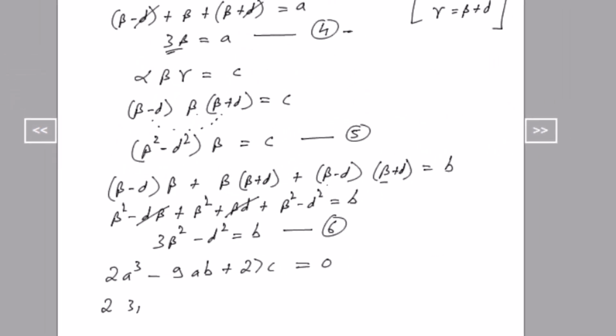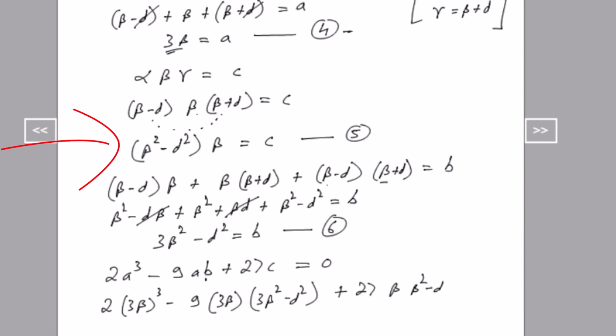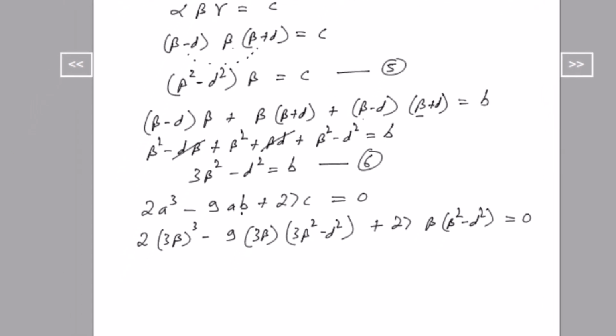So 2 into 3 beta cube, minus 9, a is once again 3 beta, into what is b? The value of b is from equation 6, 3 beta square minus d square, plus 27 c. What is c? From equation 5, beta into beta square minus d square. This is equal to 0.